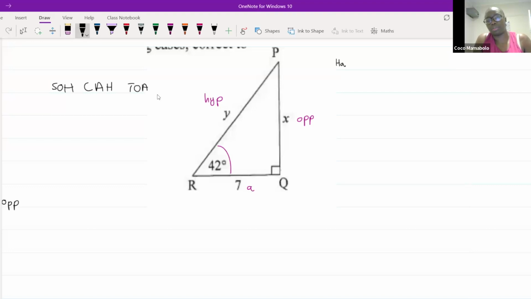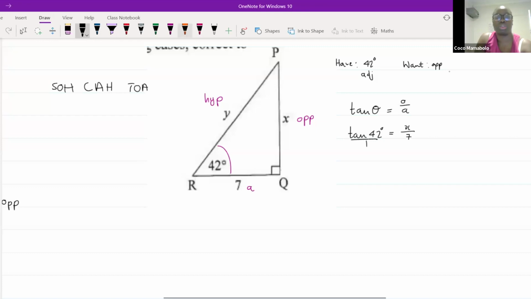Okay, if I start with X, I know what I have is an angle, 42 degrees, and an adjacent side. And my want in terms of X is my opposite side. So I know I'm going to have to use tan. So I'm going to go tan of theta. Thank you, Emmanuel. Thank you, Kulani. Tan of theta is equal to opposite over adjacent. That tells me tan of 42 degrees is equal to opposite, which is X, over adjacent, which is 7.